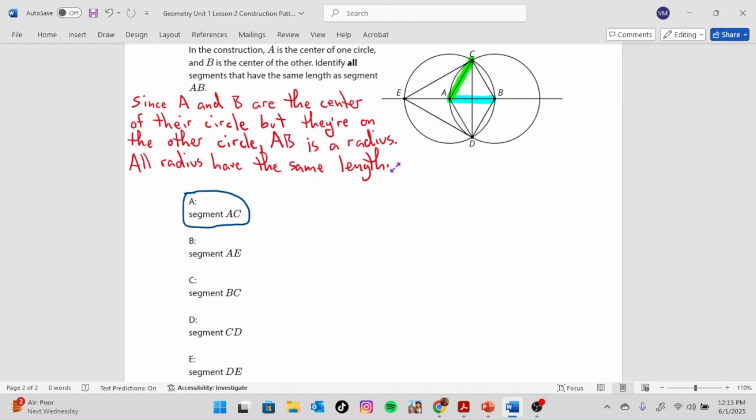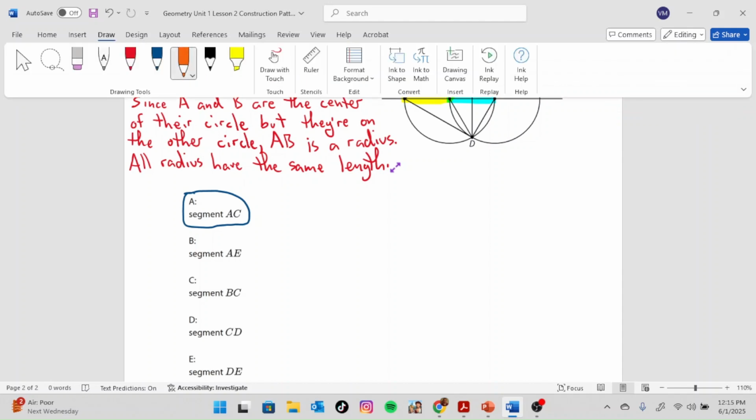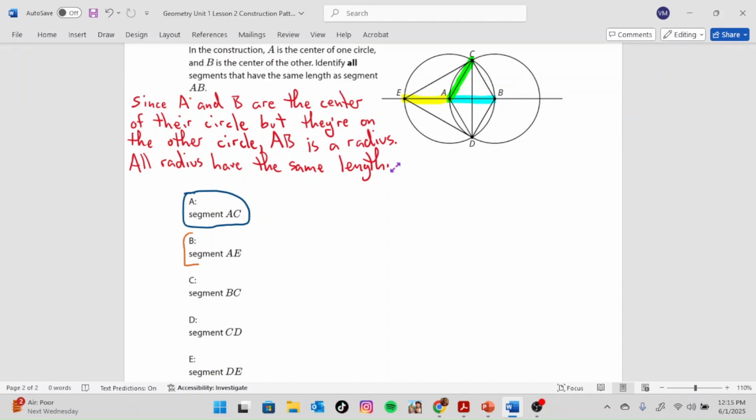Next, we can look at segment AE. That is the line segment that I'm highlighting in yellow to the left. This segment goes from the center to the circle, so it is also a radius, so it will have the same length.